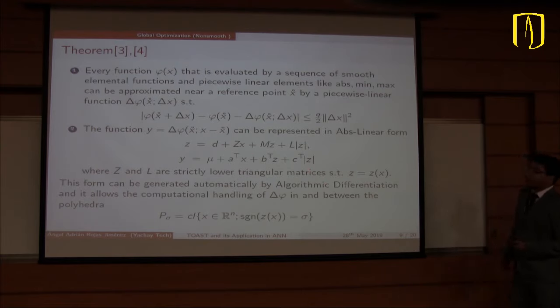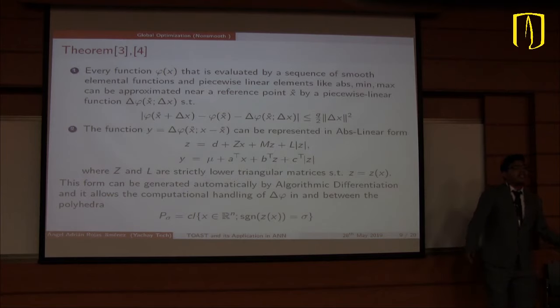The other thing is that any piecewise linear model can be represented in the abs linear form. Each piece of the function where it is smooth can be represented by a switch variable, and replacing this switch formulation in the actual piecewise linear model, we get the abs linear form.